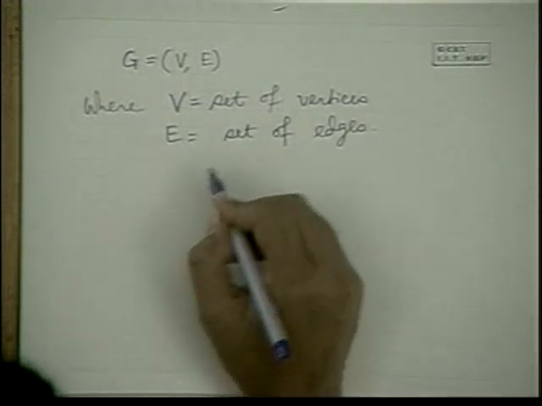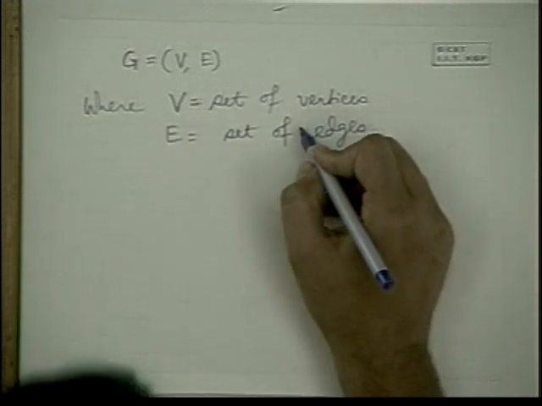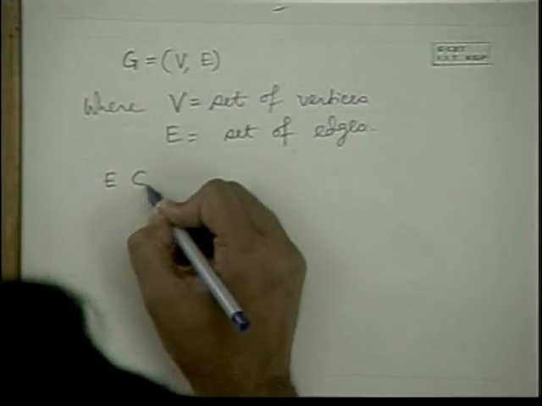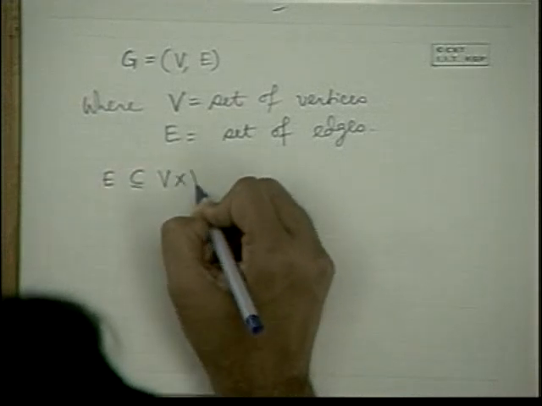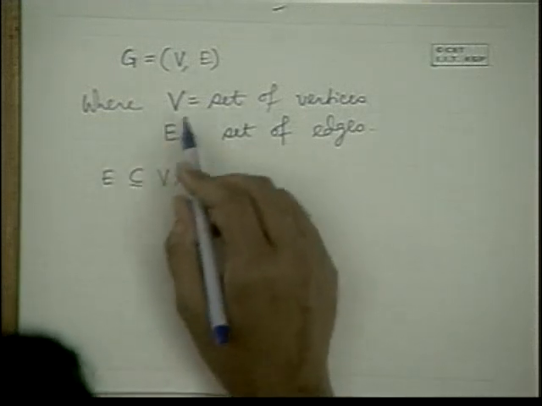How do you define these vertices and edges? V is a set of vertices. Instead of vertices, we can say it's a set of elements. Elements can be anything. They can be integers, or some other objects. And E is basically a subset of V cross V.